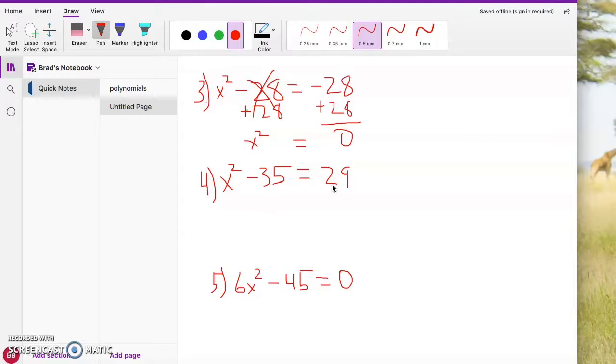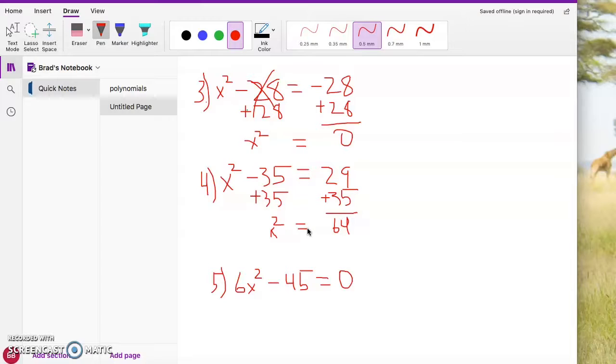We just add 35 to get rid of it, so that we have the x squared by itself. 35 and 29 is 64. Now x squared equals 64.